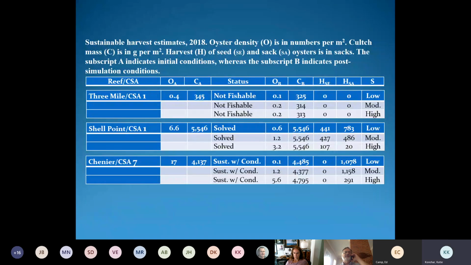And so this is some of the results of the simulation.